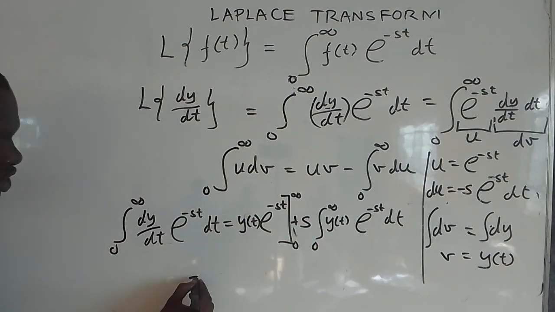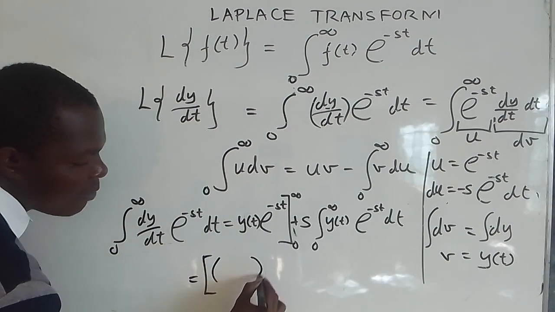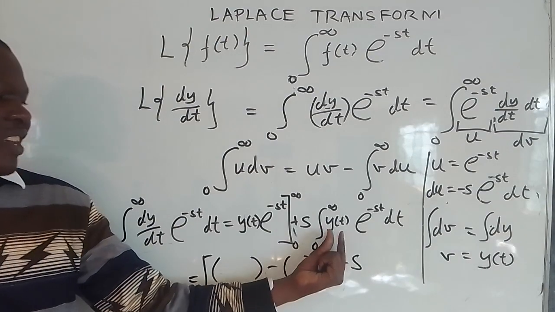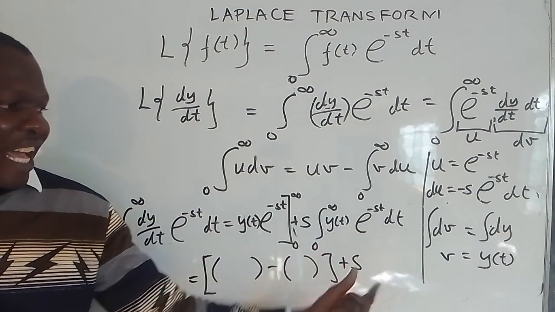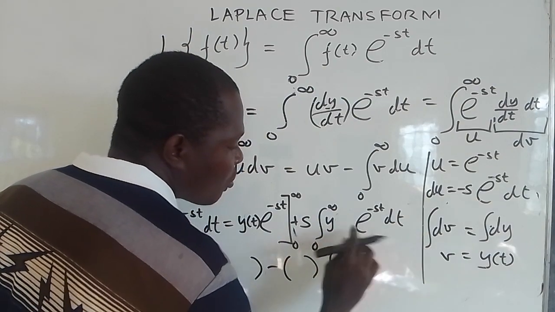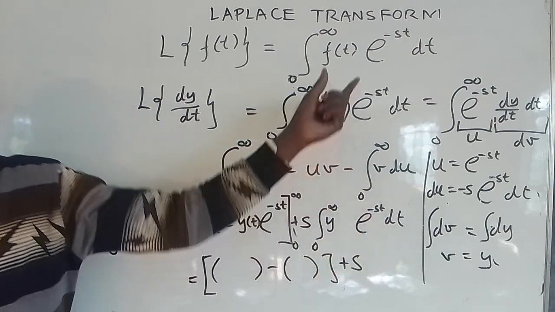Then you start substituting. In this first part, it is supposed to be upper limit minus lower limit. Then it is plus s times what is this? Y of t, or even if you just leave it as y here, there's no problem. So even if you leave it as y exponential negative st dt, what is that?